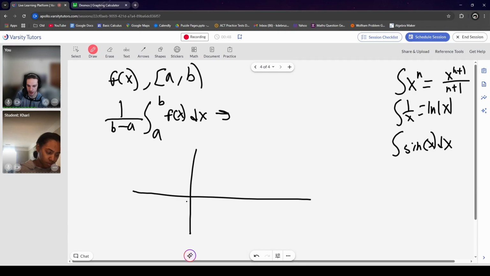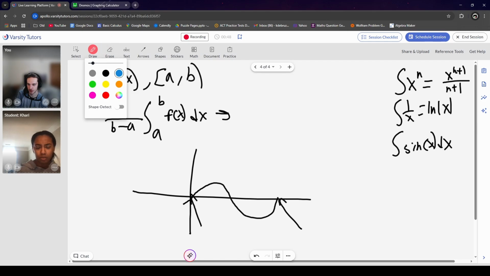That'll be easy to show. If our interval is from 0 to 2 pi, it's kind of clear that the average value is going to be 0 because these two points oppose each other.